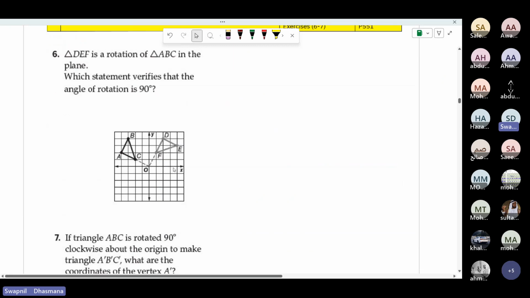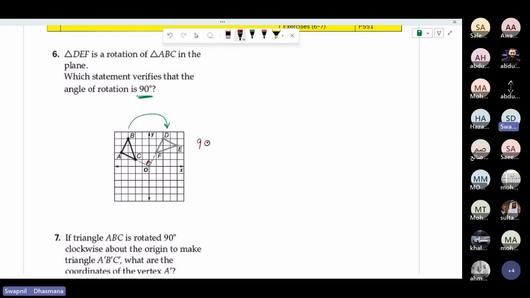Then we are going for rotation. I already explained rotation to you. Now for example 90 degrees, it is going. So this rotation, DEF is the rotation, it's going like this. This is 90 degrees. So you can see here, this angle would be 90.